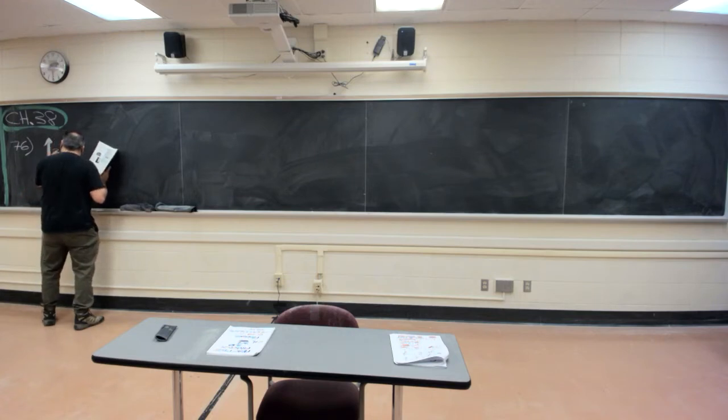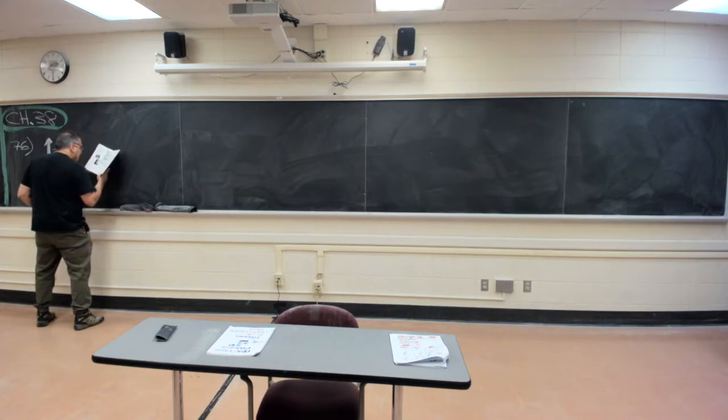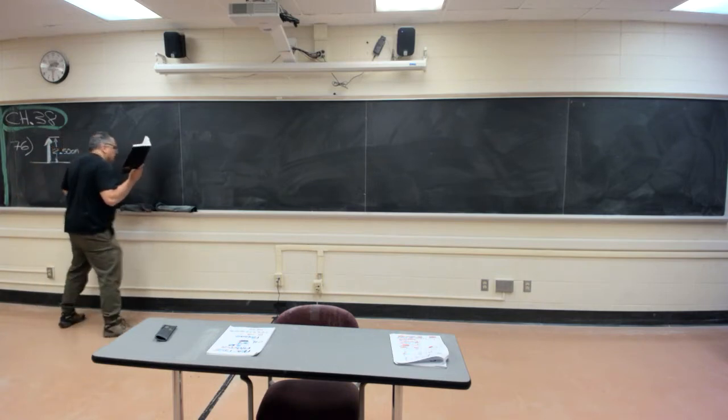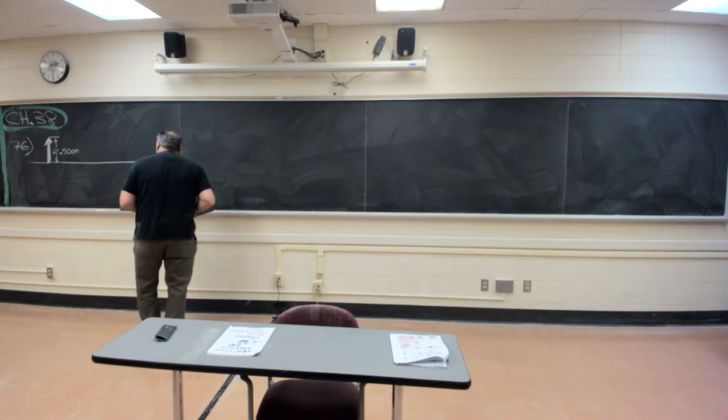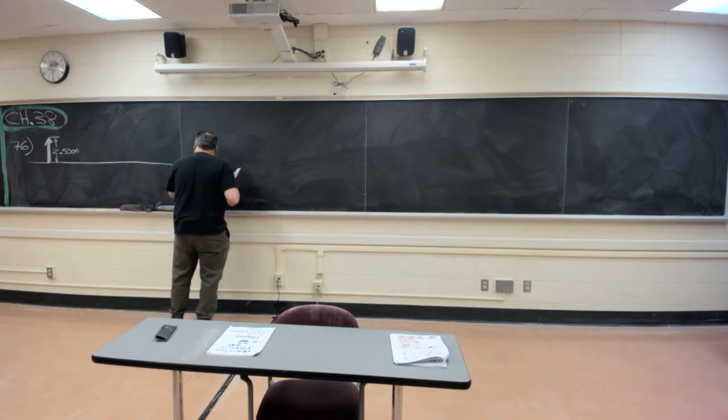It's 2.50 centimeters in height. Let's take a walk. I don't know how long of a walk we're taking, guys. Got to make this somewhat realistic and also be able to draw this.